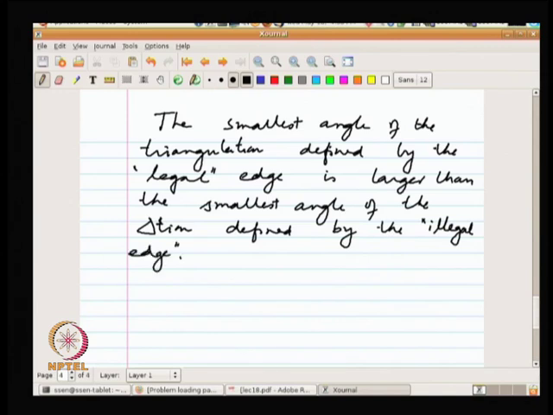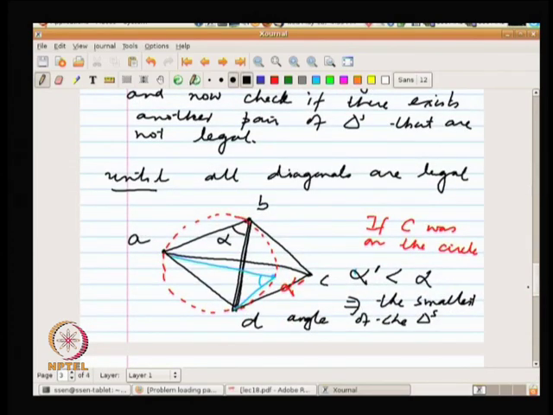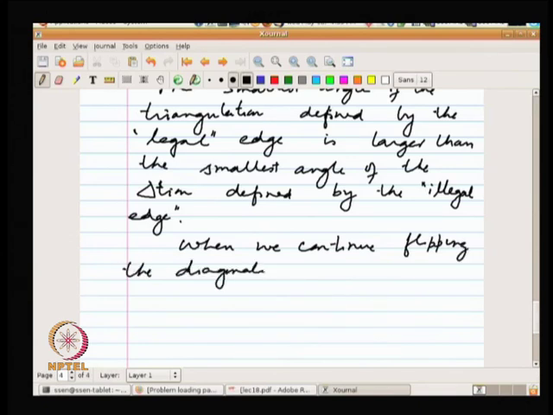Okay. And this observation can actually be formalized into some kind of a proof which says the following: as we continue flipping the diagonals, depending on whether it is legal or not, the minimum angle of the triangulation increases.